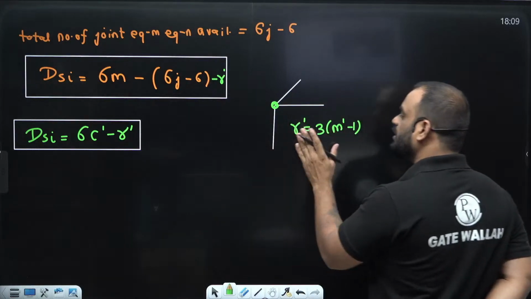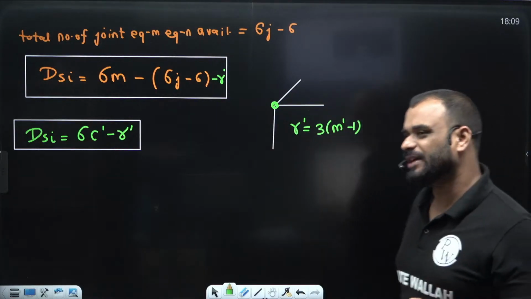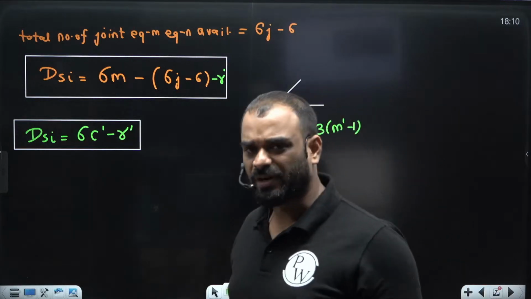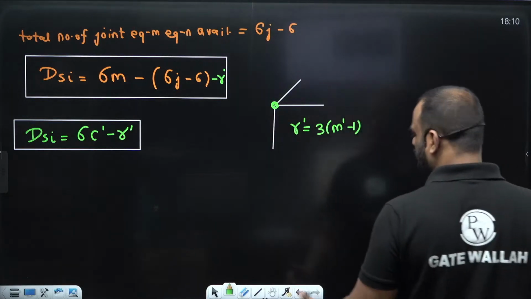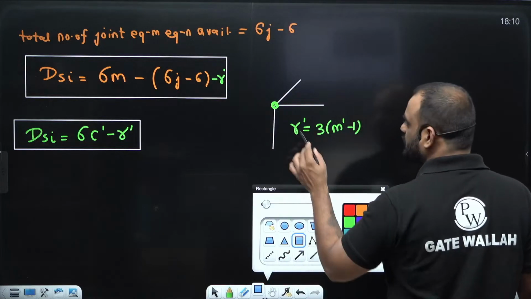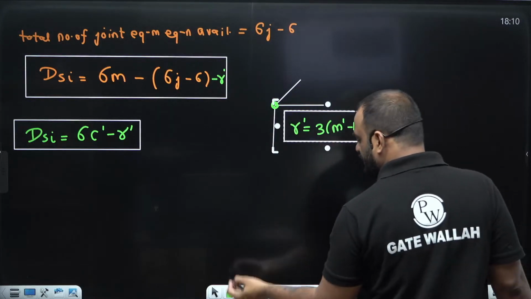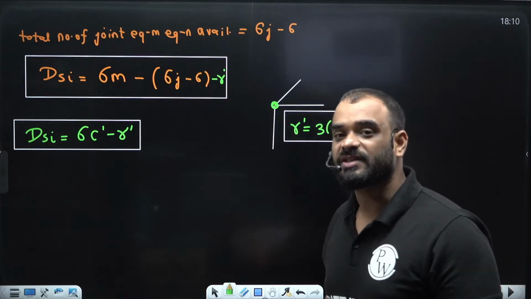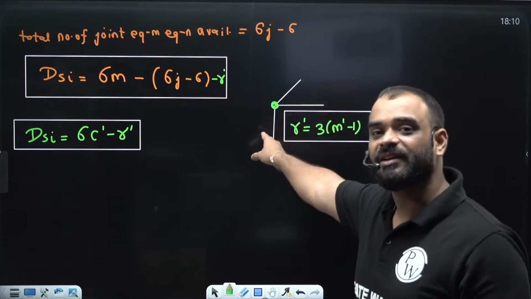This is the only formula we have to use in case of a 3D structure. Other than this condition, they are not asking anything, right? So do not take any kind of tension, guys. Just use this formula to calculate the reaction release in case of 3D rigid jointed structures, where you will find some internal hinges.